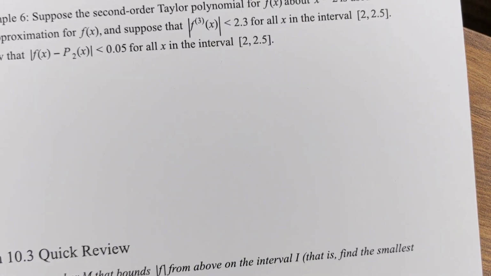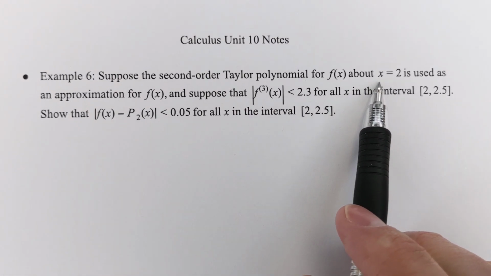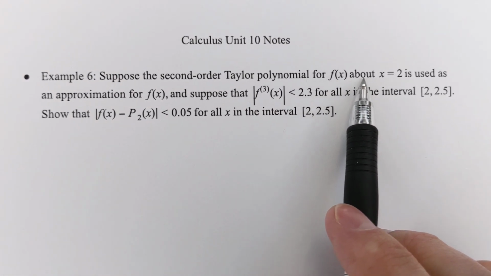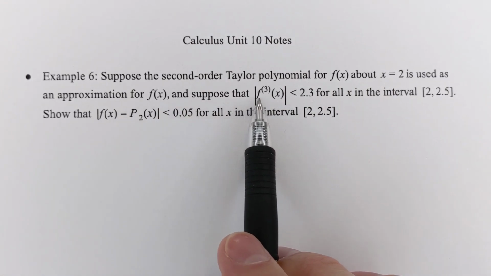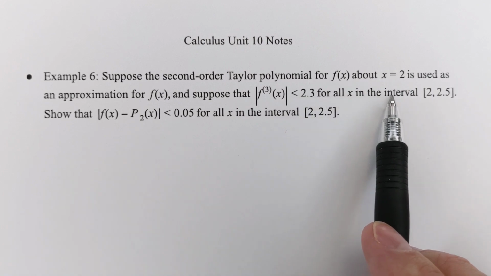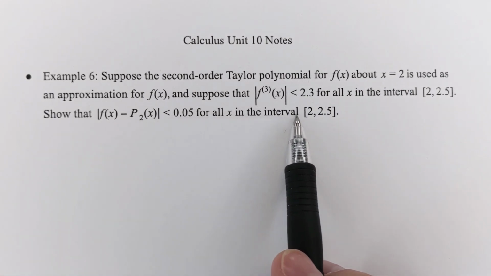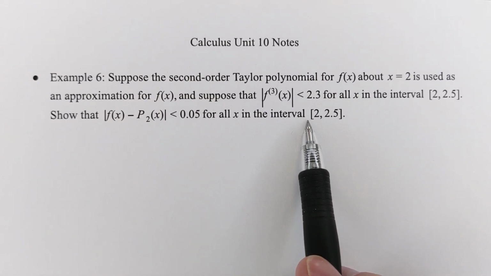Okay. Example 6. Suppose the second order Taylor polynomial for f of x about x equals 2 is used as an approximation. And suppose that the absolute value of the third derivative is less than 2/3 for all x in the interval 2 to 2.5. Show that the error is less than 0.05 for all x in the interval.